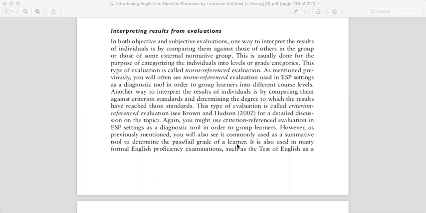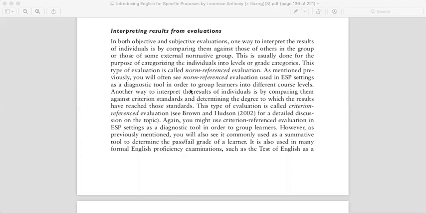Now, norm referenced evaluation is related to comparing students with one another. We do not set a particular criterion, such as that the student should have this much proficiency or competence in the language, only then she would be promoted to the next level or get a passing grade.